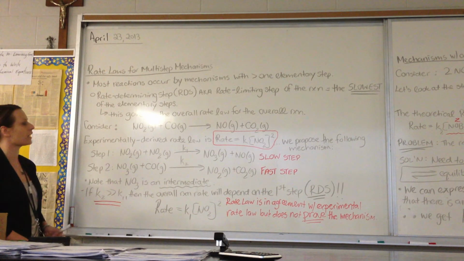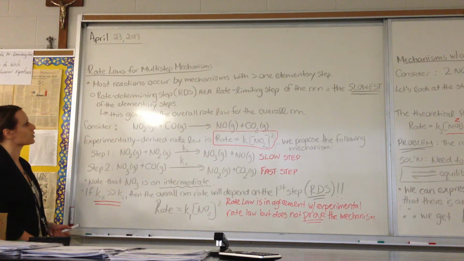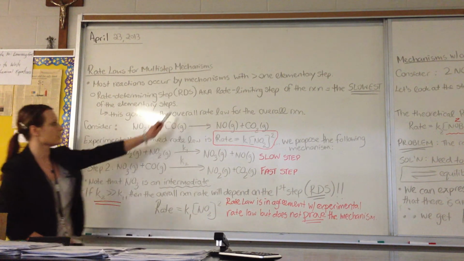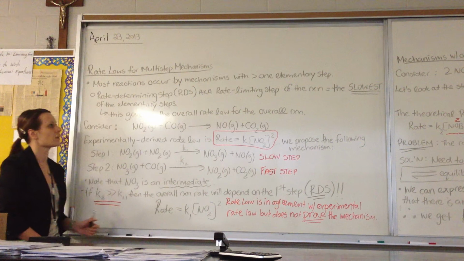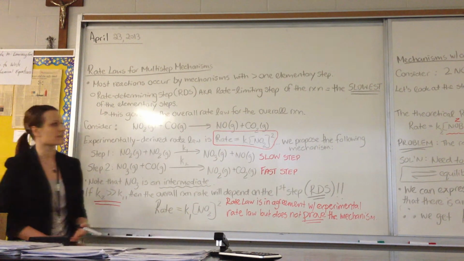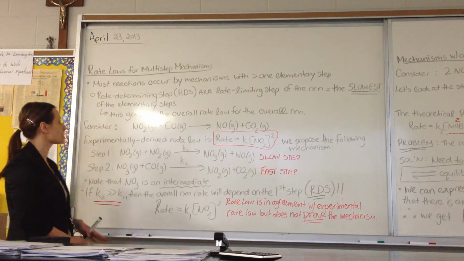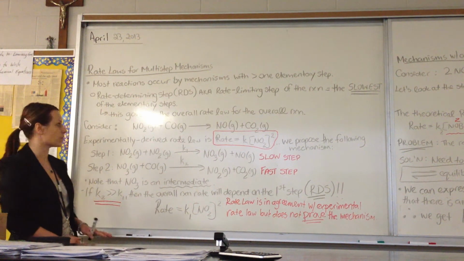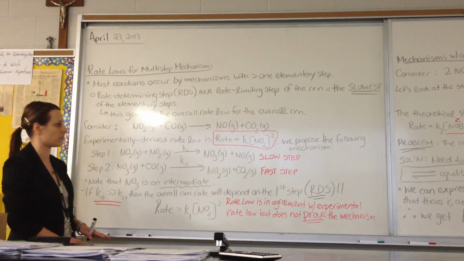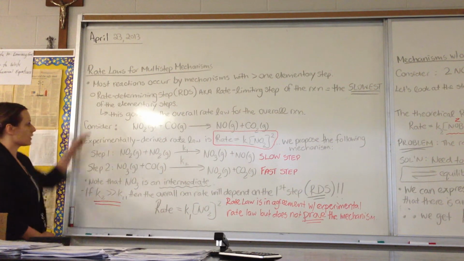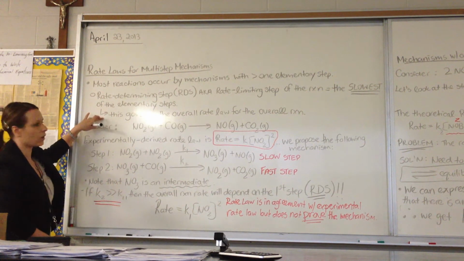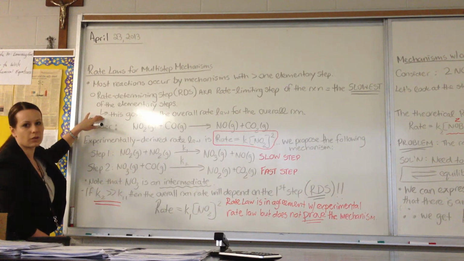The first thing that is really important is the rate determining step, which is commonly abbreviated as RDS. It's also called rate limiting step in some textbooks, but it really means the same thing, which is the slowest step of all the elementary steps that take place in the reaction. So this, of course, governs the overall rate law for the overall reaction.